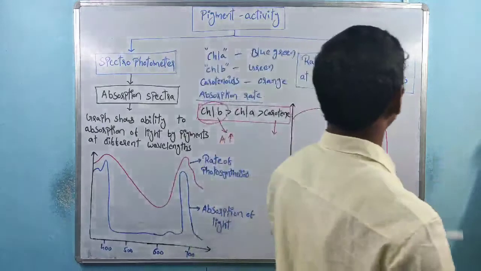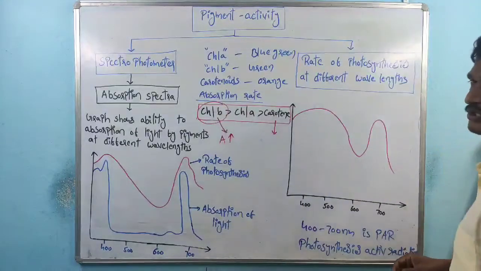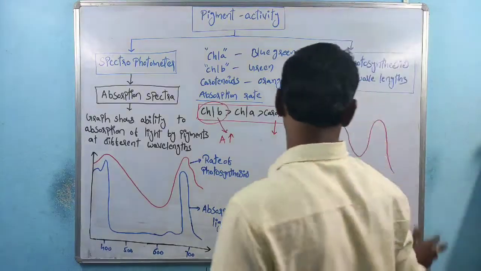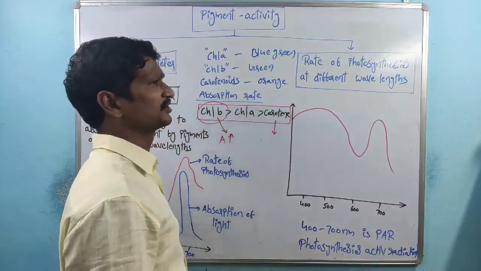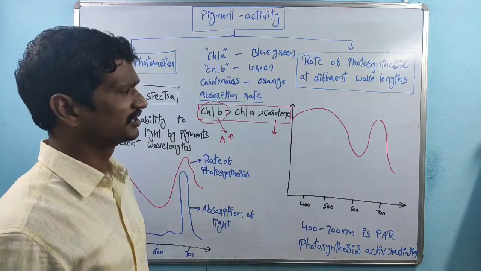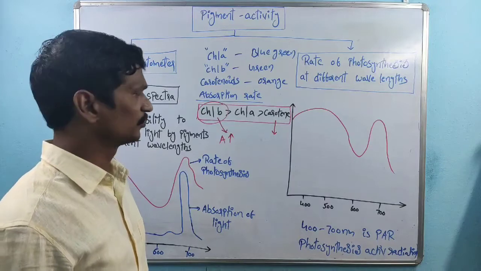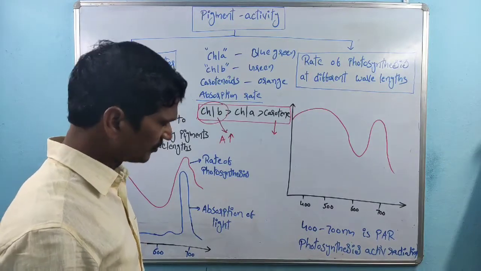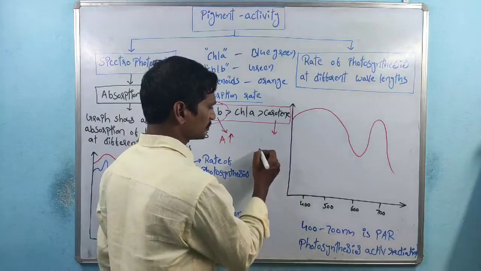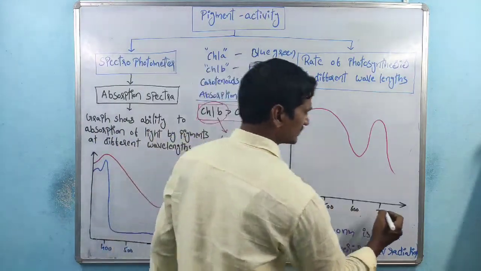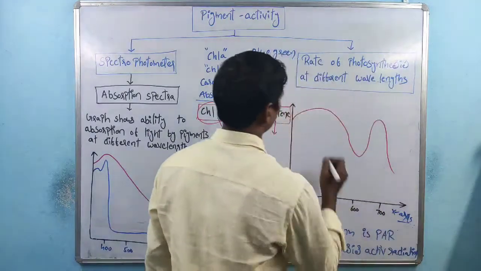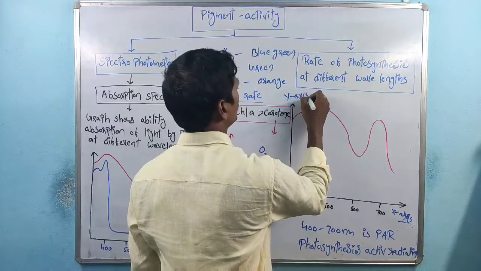And the other one is the rate of photosynthesis. We already discussed that where more light absorption takes place, there definitely is a high amount of photosynthesis. All of you remember, this is also compared with the oxygen evolving process. For suppose, here this is the x-axis and this is the y-axis.